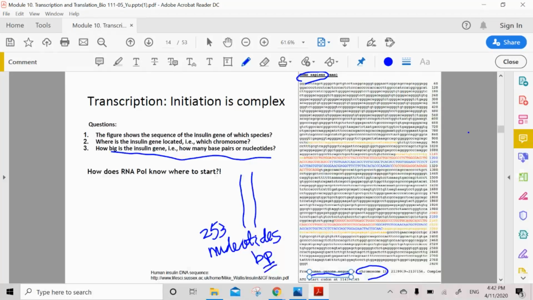It's really pretty much the same as nucleotides, because if you have a nucleotide here, A pairs with a G, right? C pairs with G. Let's say T, A, C, G. So this particular segment has 4 base pairing, right? It's the same as 4 nucleotides. So you can say 253 nucleotides, or you can say 253 base pairs. It's the same.